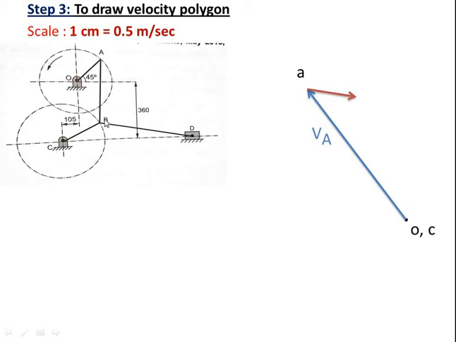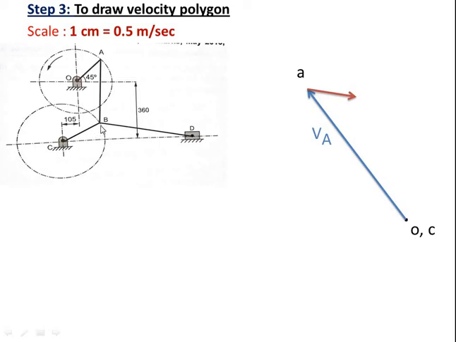Now as point B is on this link AB, it is also on link CB. It means that point B should be on the velocity vector of AB. So this is the velocity vector of AB; somewhere on this line there should be point B. But at the same time, point B must be on the velocity vector of BC also. So we will draw the velocity vector of BC now.